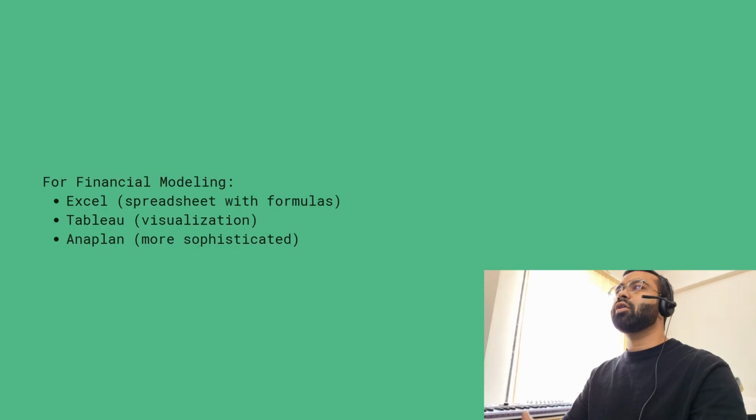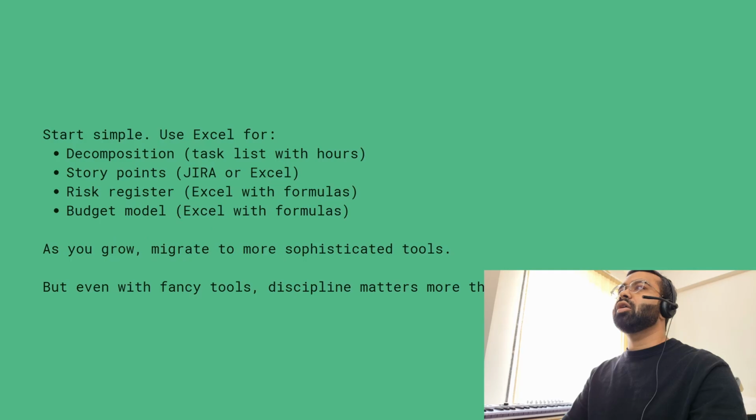Financial modeling, Excel, Tableau, and a plan. Start simple, use Excel for decomposition. Story points, again, Jira or Excel. Risk register, Excel. Budget models, Excel. So Excel is pretty good.